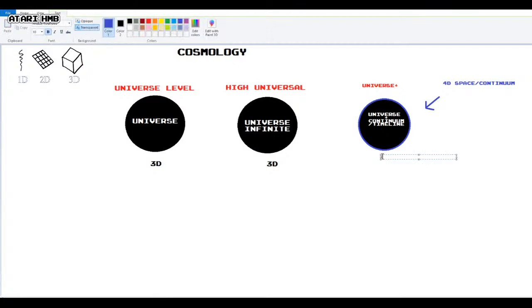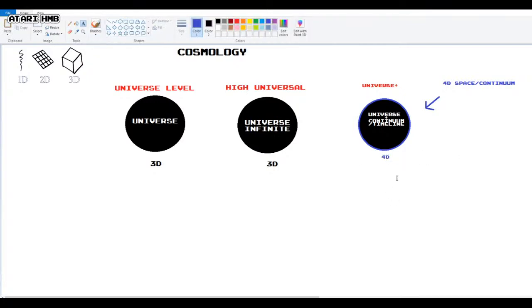Destroying the 4D shell that contains this is like you're destroying all matter inside, and you're destroying the container as well. So it's a lot more impressive because 4-dimensionality has a higher range of motion, and since the 4D shell is containing this infinity or this observable universe, you're essentially destroying a larger portion no matter how you look at it. Now, that's the very basic of universe, high universe, and universe plus.